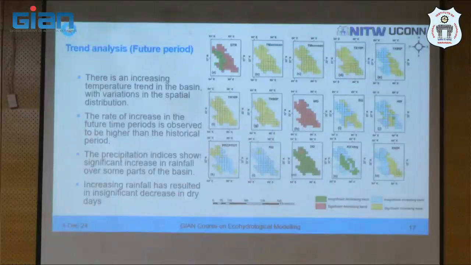Now increasing rainfall has resulted in an insignificant decrease in dry days. Now one of the components here is that most of your GCMs which have been projected assume certain feedback. They are not having the actual feedback that is happening in the field. Based on some conditions present now, they are projecting for the future.